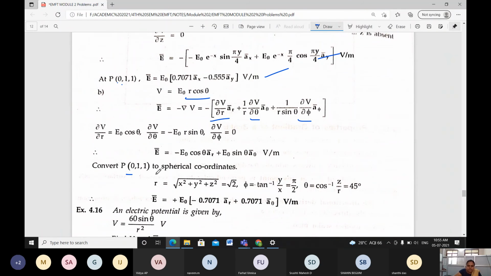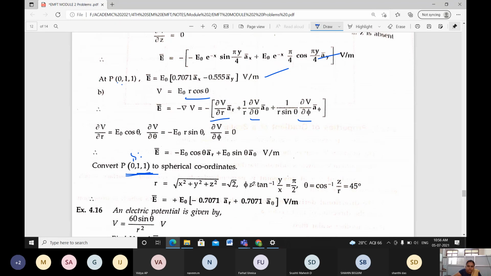Then with the spherical coordinates at the point, here it is going to be r, θ and φ. Therefore, r is equal to square root of x squared plus y squared plus z squared, which is square root of 2.